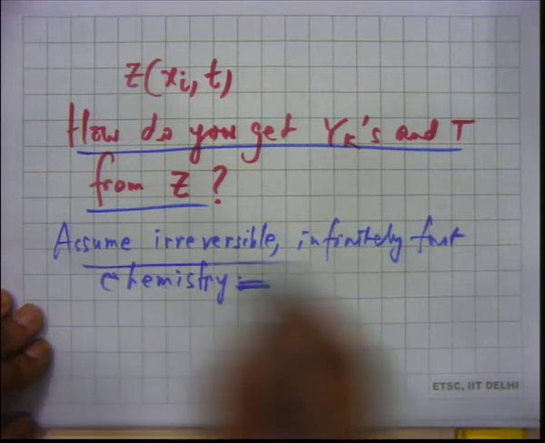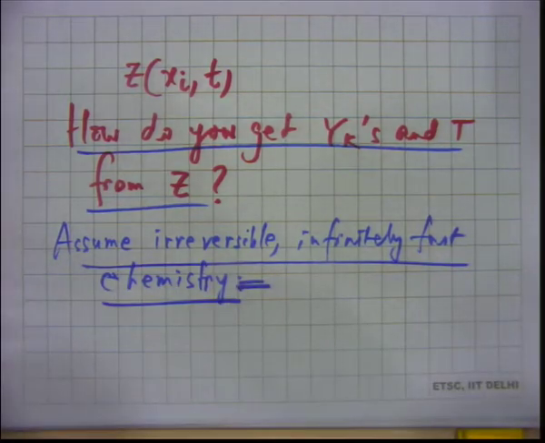So what do these words mean? Irreversible means that fuel reacts with oxidizer to give you products and the products do not dissociate back to give you fuel and oxidizer. So it is all irreversible.